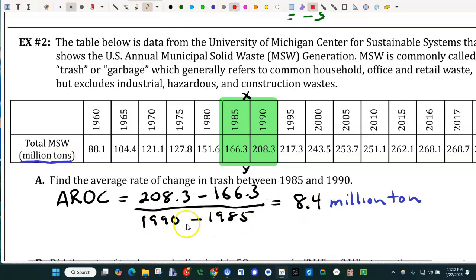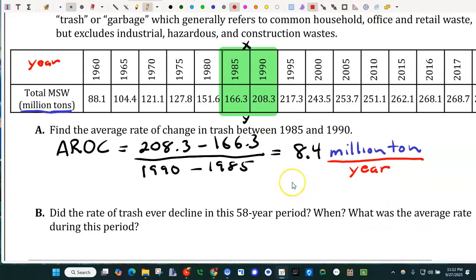What do these numbers represent? Well, these are years. It doesn't really list it here, but it says that's the year. So it's 8.4 million tons per year. This becomes more important when you get to pre-calculus, what these answers actually mean, and we got to have units on everything. So that would be our final answer, the number with the units.